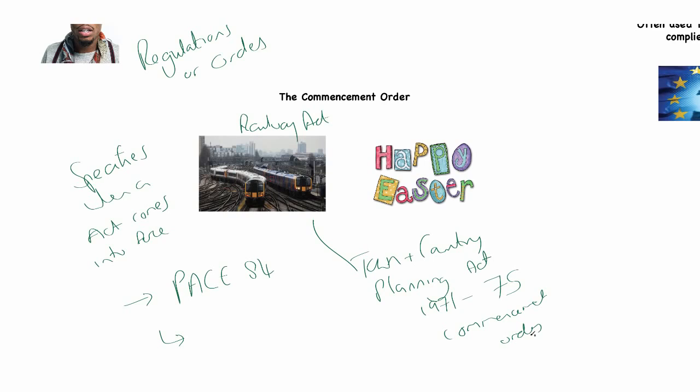So a commencement order is a statutory instrument that brings in a whole or a part of the parent act. Now, sometimes there's no limit on the time, and sometimes they never get brought in.